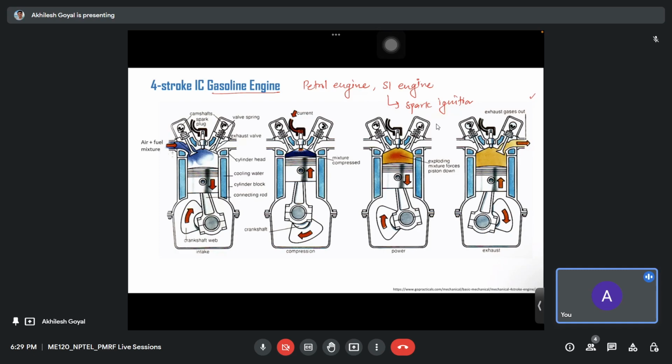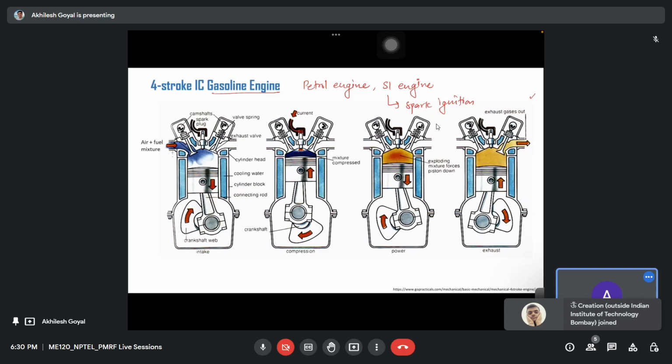And the second thing is, in SI engine the burning is initiated through a spark, but in CI engine burning is due to self ignition because of the high temperature of compressed air and fuel injected at the end of compression stroke. So that is the basic and main difference in the four stroke SI engine and CI engine.